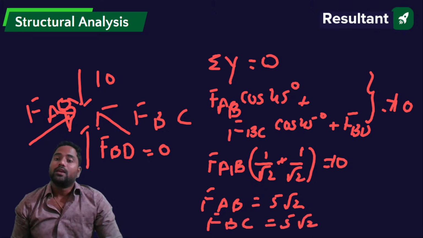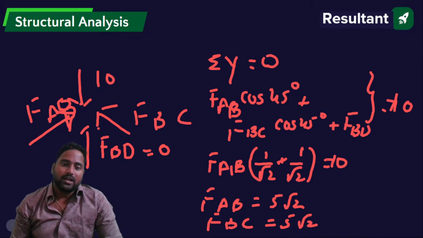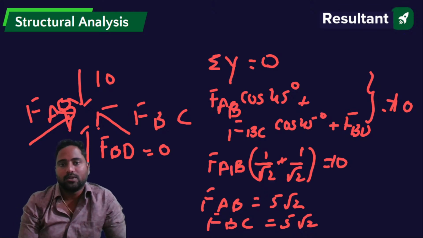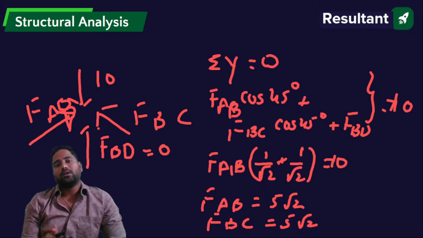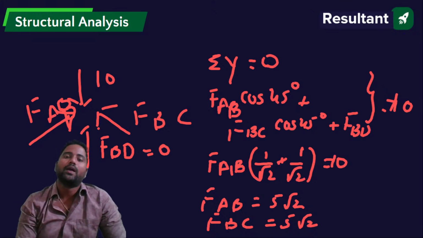And see, you're getting a positive value here. That means our assumed direction is correct. Initially I assumed it like this, towards the joint. So my assumed direction is correct. So FAB equals 5 root 2 and FBC equals 5 root 2. Initially I took the summation of forces in x direction equals 0 and got FAB equals FBC.